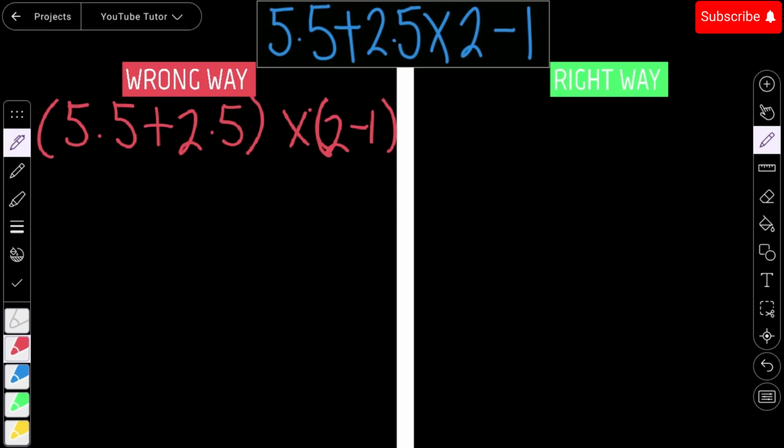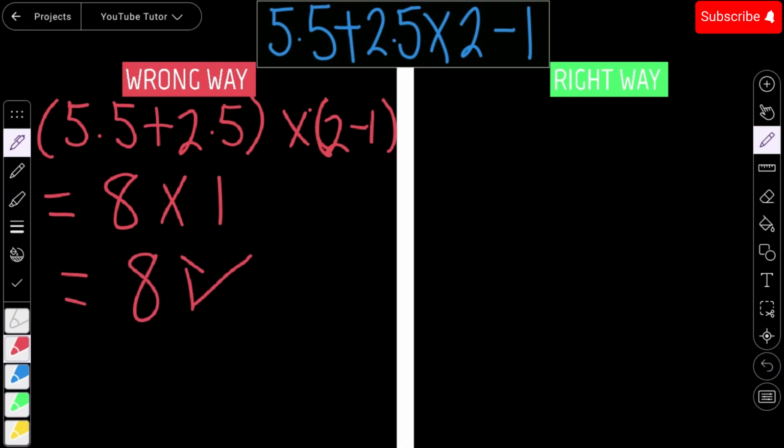Here it gives us 5.5 plus 2.5 ends up giving us what? 8. Then times 2 minus 1 gives us 1. Now 8 times 1 results to 8. But this is totally wrong.